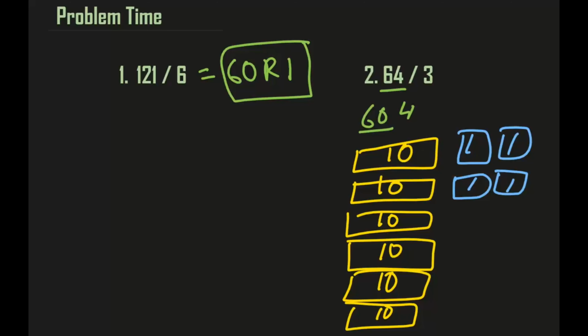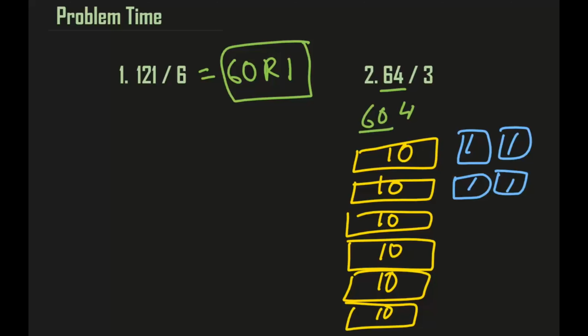Now, instead of looking at these as 10 each, why don't we look at them as 1? So that means each of the whole tens blocks would equal 6. So is 6 a multiple of 3? Yes. 6 is a multiple of 3.